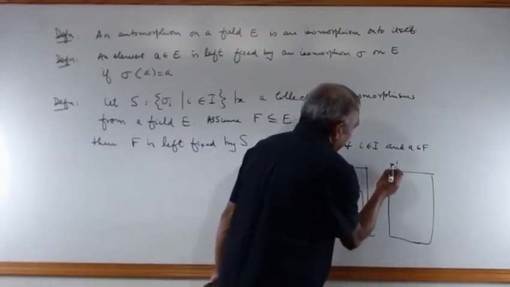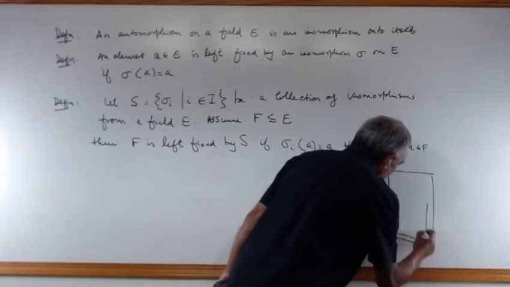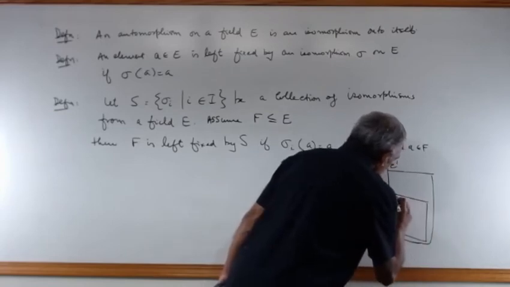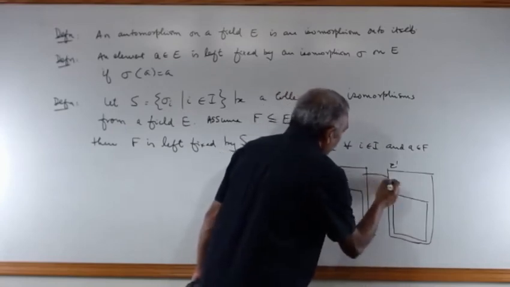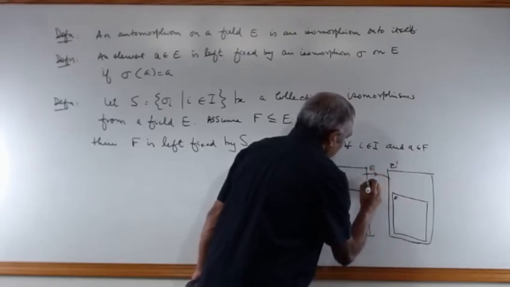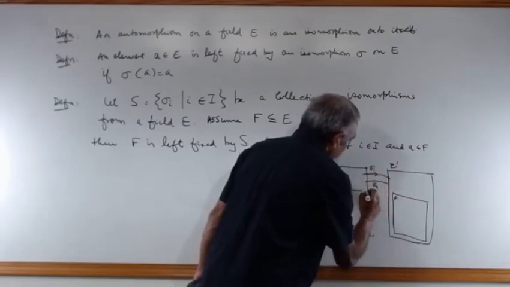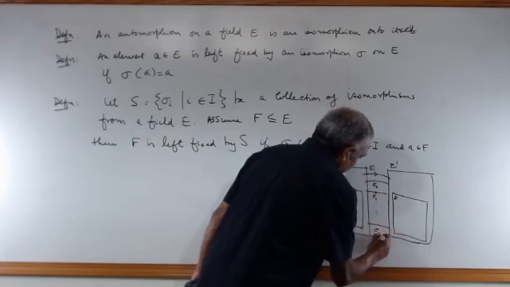And obviously there is the same subfield here. And you have a lot of isomorphisms, sigma 1, sigma 2, sigma 3, etc., sigma n.